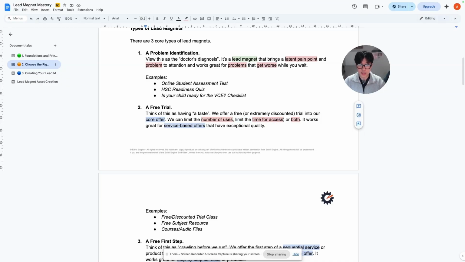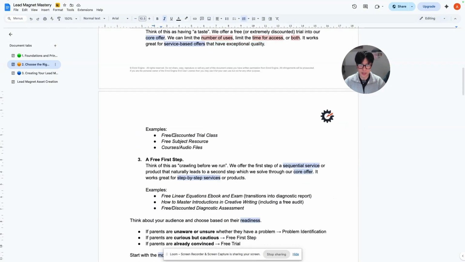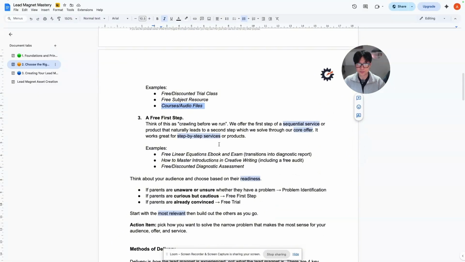We can limit the time for access, so you sometimes might see a 1-week trial period, or we can do both. So a 1-week trial period or 2 classes, whatever comes first. And it works great for service-based offers just like us, and especially those that have exceptional quality. So some examples are, of course, the free discounted trial class, a free subject resource, or courses and audio files.